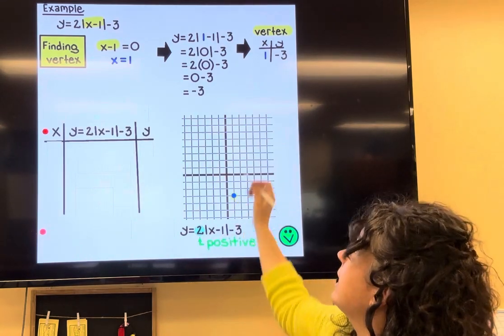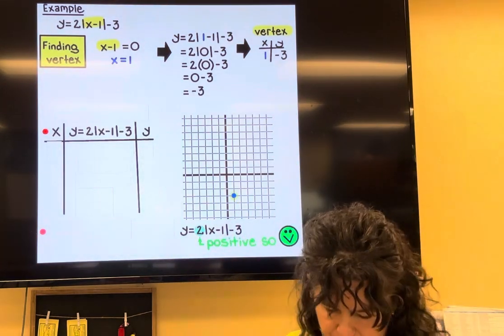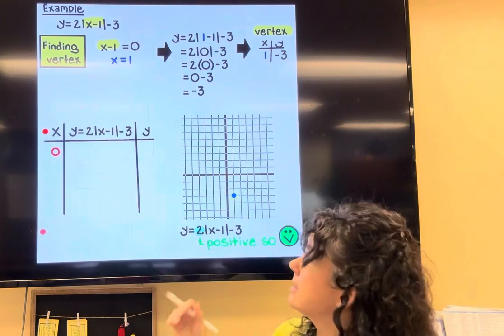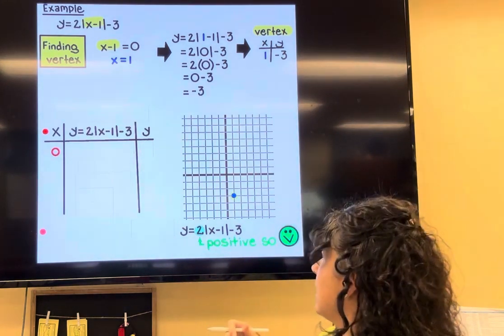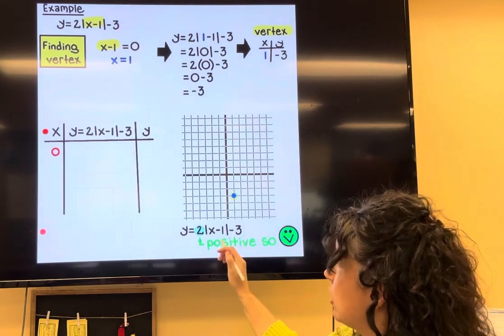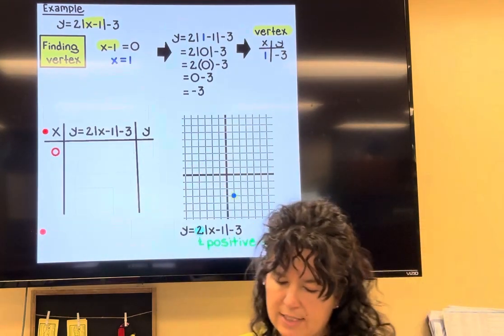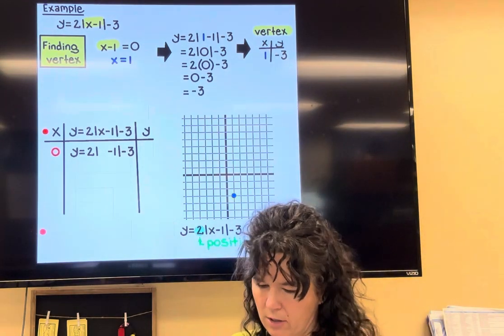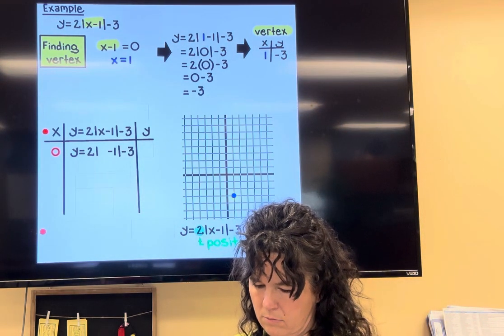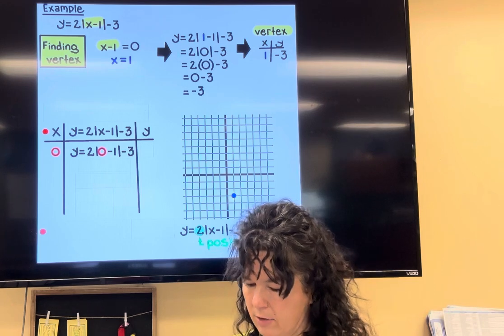So a number that is close to 1 is 0. Again, you could pick 2, or you could pick something else, but something close to 1. So if I substitute 0 into my equation, I'm going to put in 0.